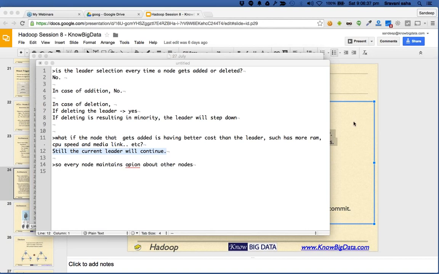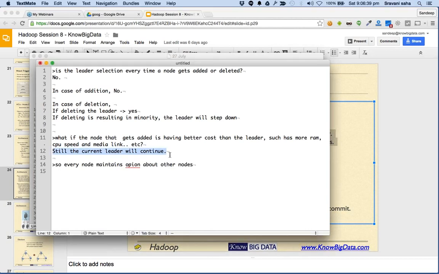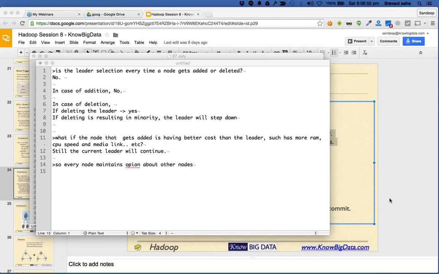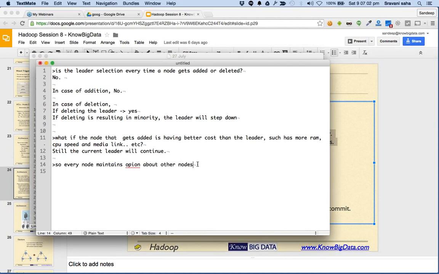So that also brings us to a point that in a zookeeper cluster, it does not make sense to have one node very powerful and the rest very weak, because it doesn't give you any added advantage.